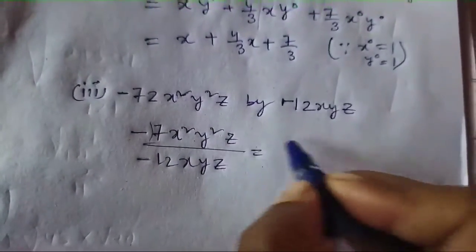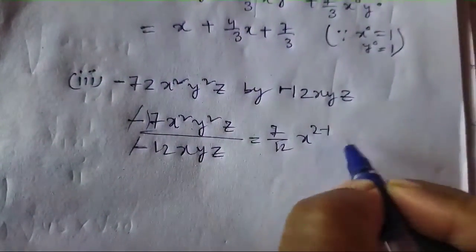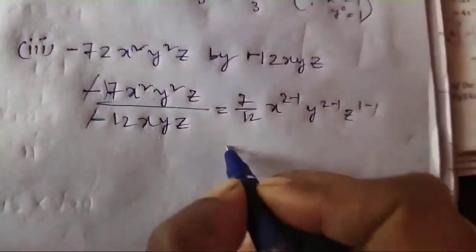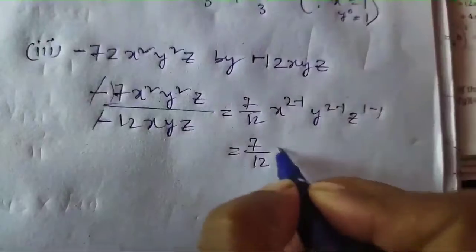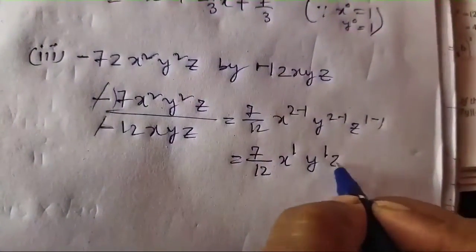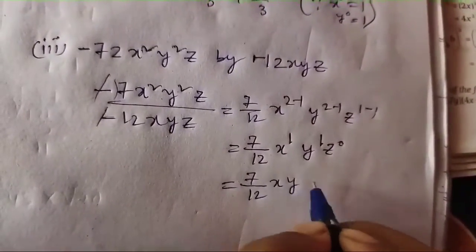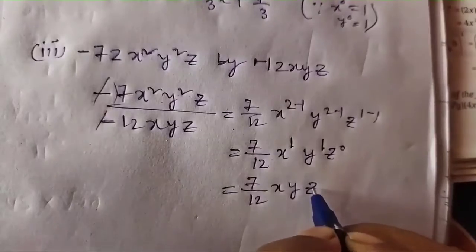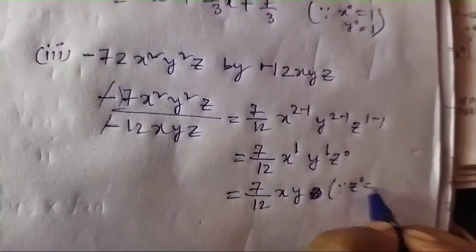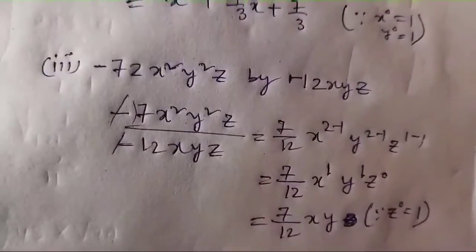So here minus minus cancel. 7 by 12 x to the power 2 minus 1 y to the power 2 minus 1 z to the power 1 minus 1. So your answer will be 7 by 12 x to the power 1 y to the power 1 z to the power 0. So it will be 7 by 12 x y z, z not x y. Since z to the power 0 is equal to 1. Okay. Power 0 of anything is 1.